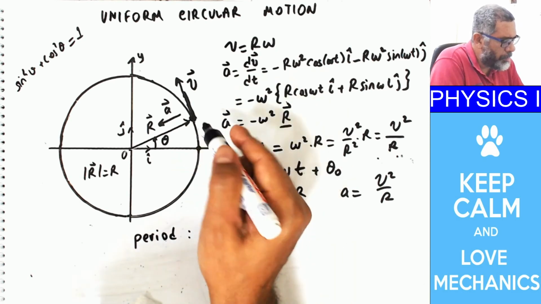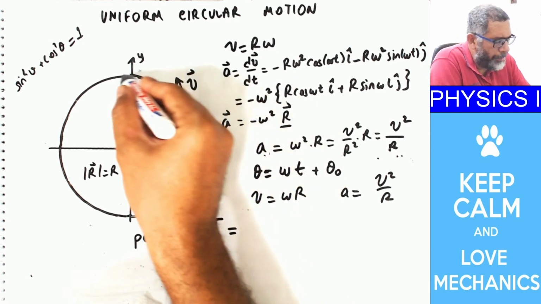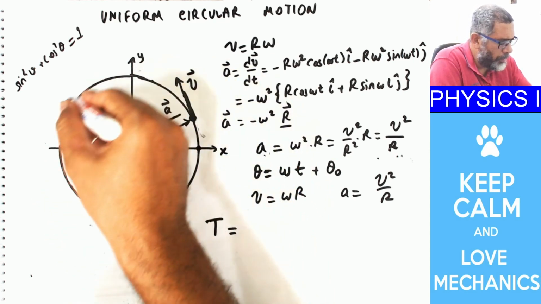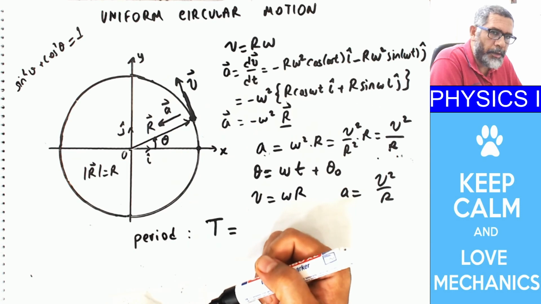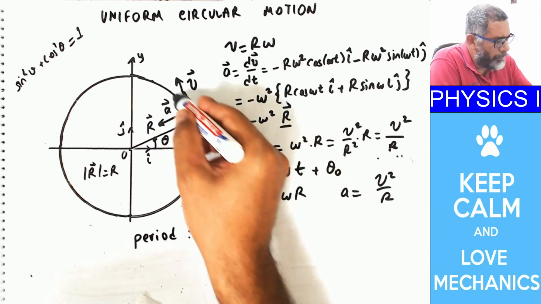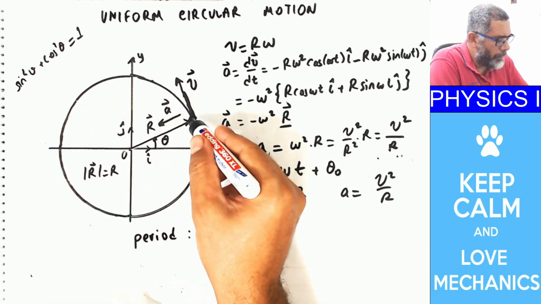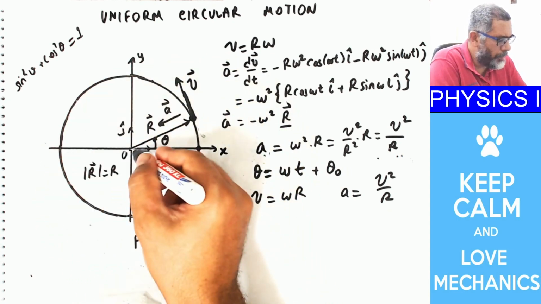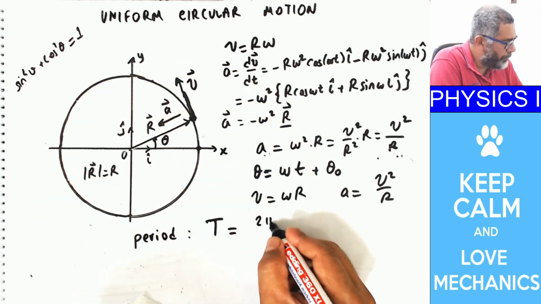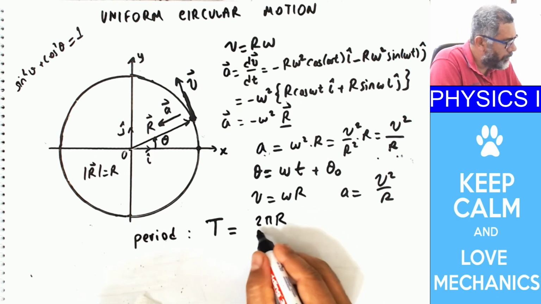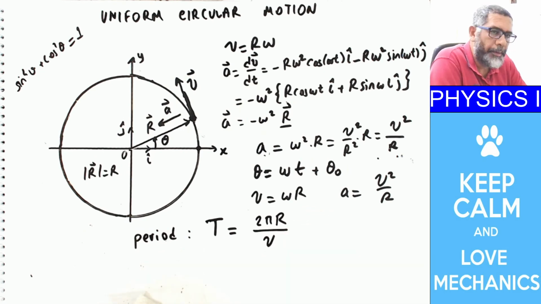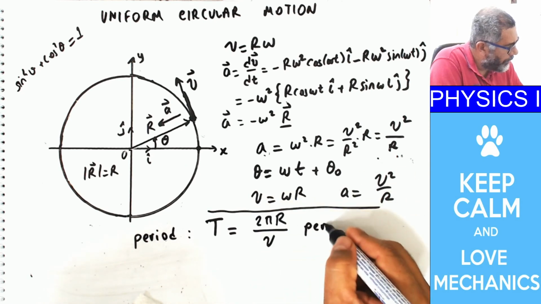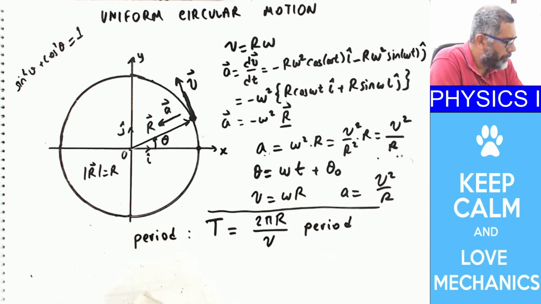It will be just the length of the path that the object makes, divided by its speed, right? The length of the path is nothing but the circumference of this circle, which has the radius r, which is 2 pi times r, and divide this by the speed. So this is the period of the object.